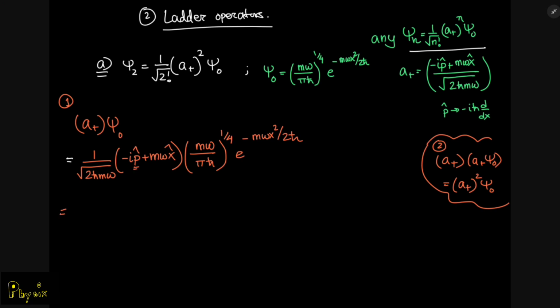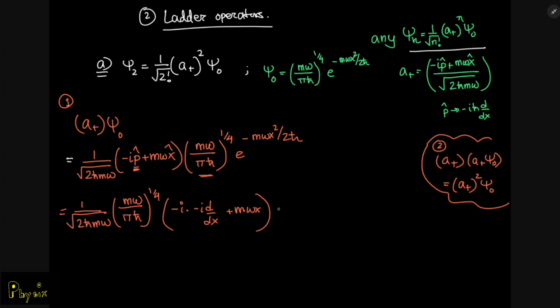Let's detail out the operator p here. I'm pulling m omega all over pi h bar raised to the 1/4 out, and inside you get negative i times negative i h bar d/dx, which is basically your p operator, plus m omega x, times e to the negative m omega x squared all over 2 h bar.